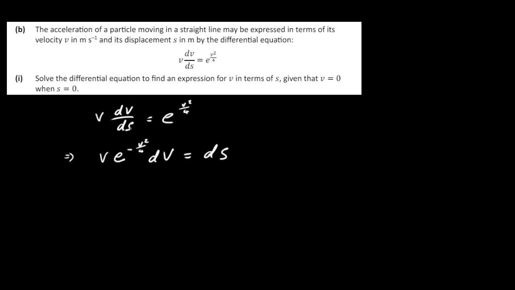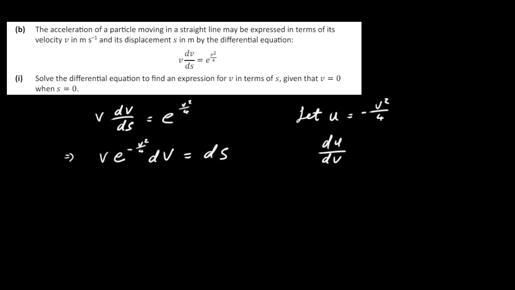So what I did there was I took the ds and brought it up here, and then I took the e to the power of v squared over 4, divided it so it ended up down here, and then just brought it up by raising the power to minus v squared over 4. So the way we've got to do this is, I think, by substitution. Substitution might be the easiest way to do this. So I'm going to say let u equal minus v squared over 4.